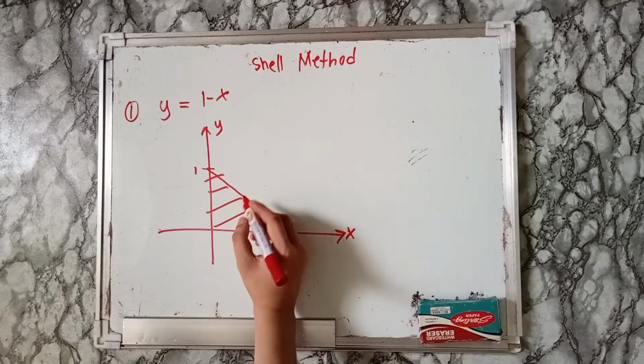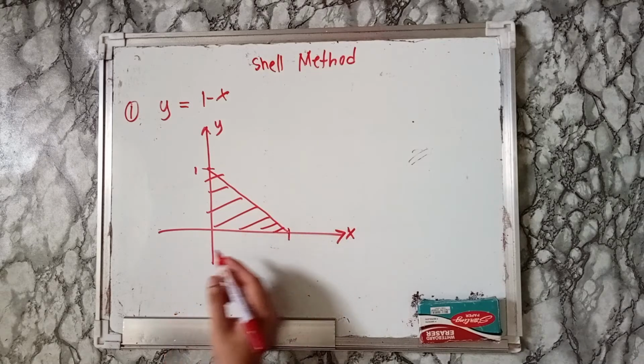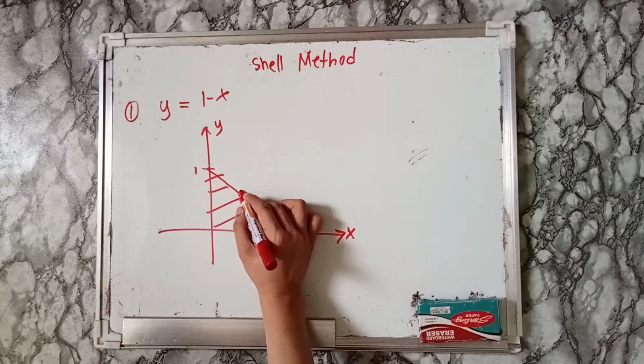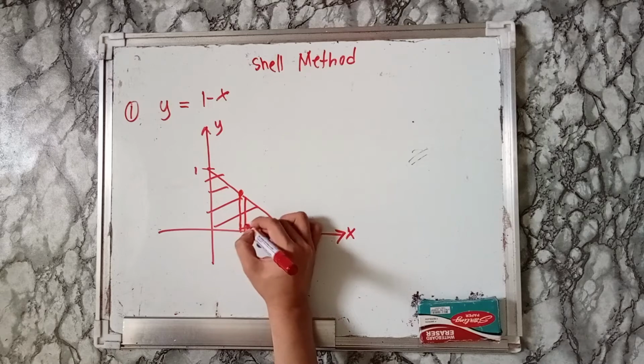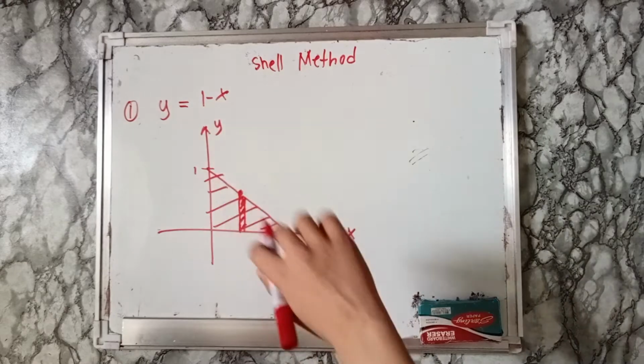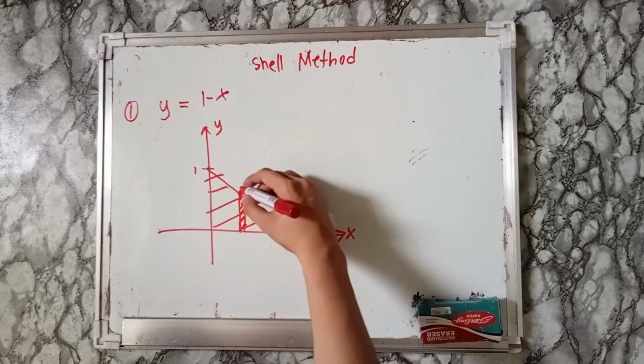So our area of interest, and of course let's draw the vertical strip. So this is dx, right?